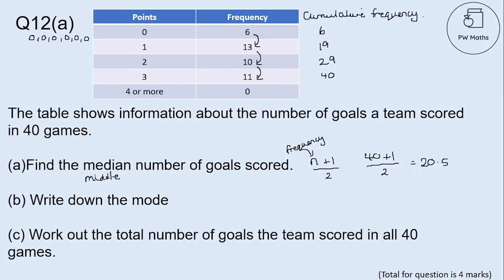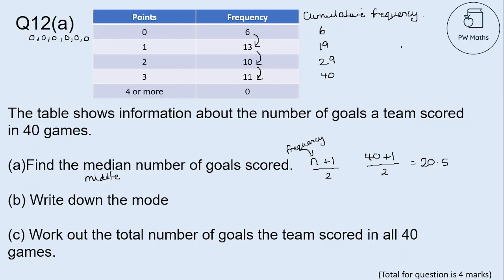Now that isn't actually the median, because that does not make sense, does it? The median number of goals scored cannot be 20.5 because the options are either 0, 1, 2, 3, 4 or more. Well, I suppose it could be under this 4 or more, but that happened no times. So this is actually telling me the piece of data which is going to be the median score.